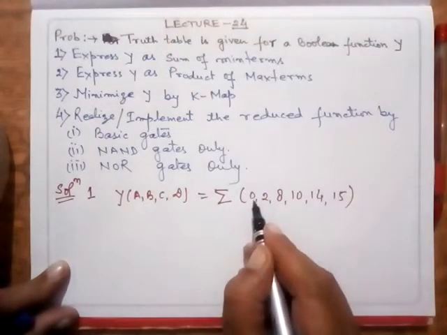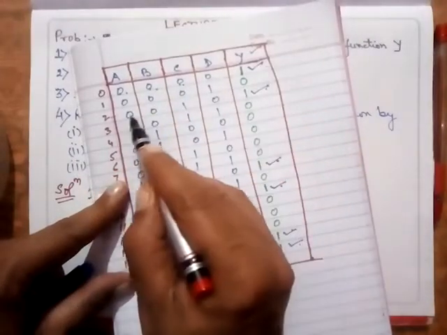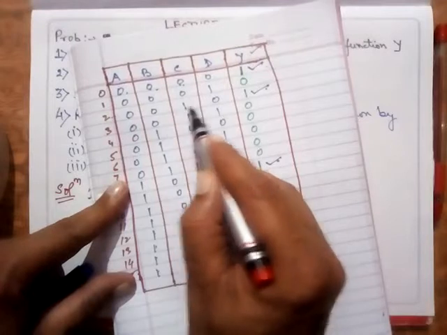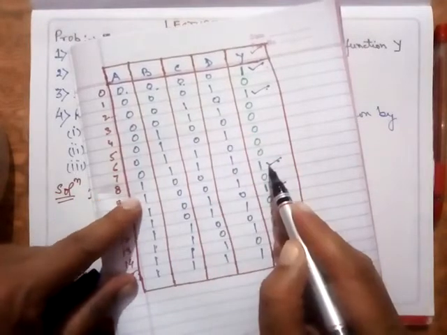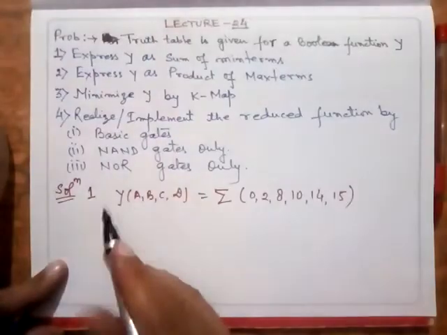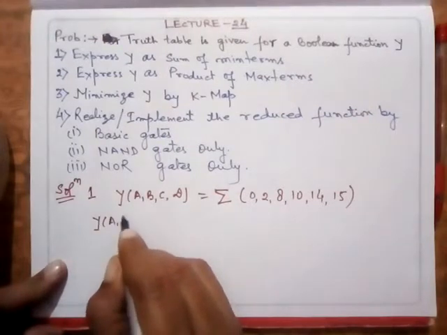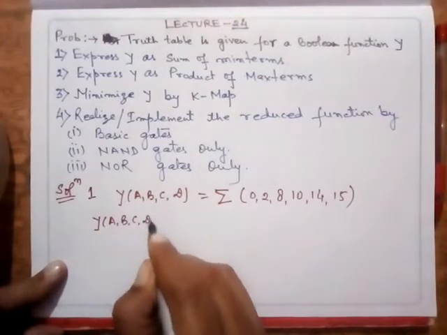I can write this as a bar, b bar, c bar, d bar. Look at this term. It is a bar, b bar, c bar, d bar. Then this is a bar, b bar, c, d bar, plus this one, a, b bar, c bar, d bar. So I can write this in this form also. I am not writing the complete, but I want you to complete the answer. A, b, c, d.